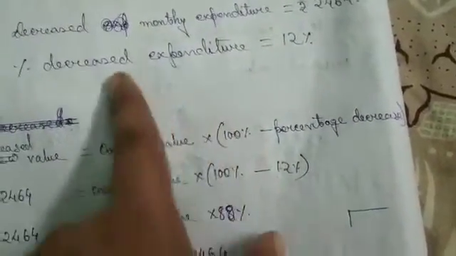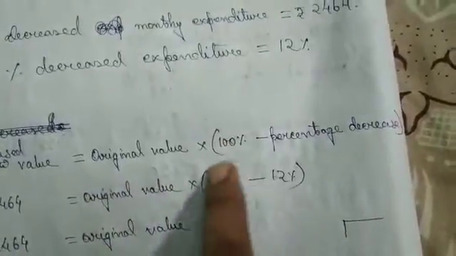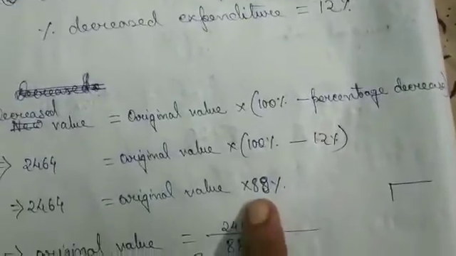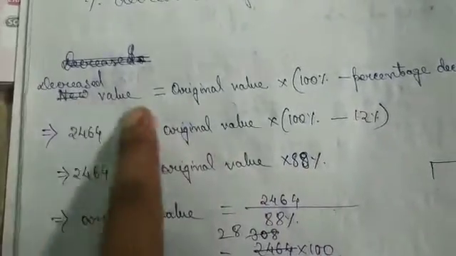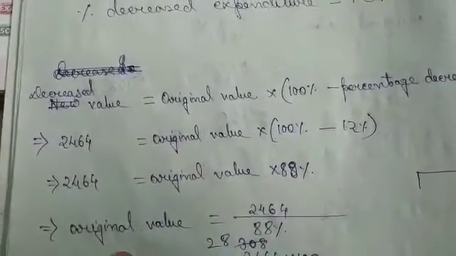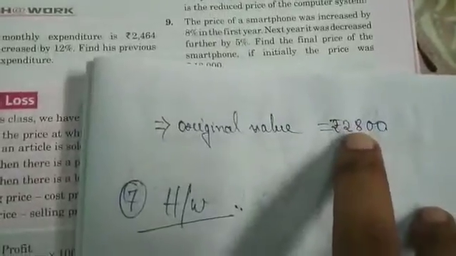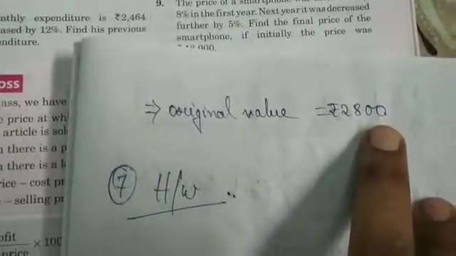We take 100 as a base, so 100 minus 12% gives us 88%, and the decreased value is already given. Calculate it and you will get the result as 2,800.